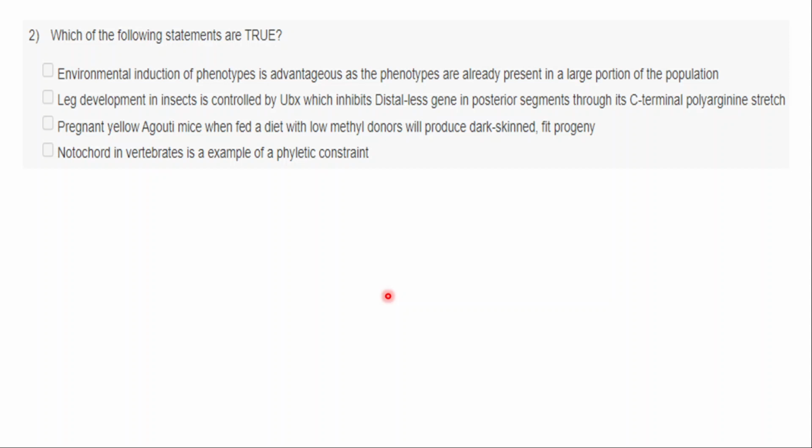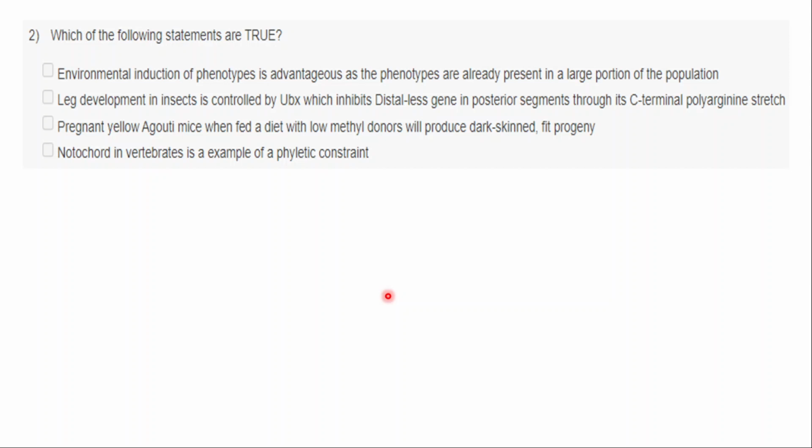Option C, pregnant yellow agouti mice, when fed a diet with low methyl donors, will produce dark-skinned fit progeny. And option D, notochord in vertebrates is an example of phyletic constraint.